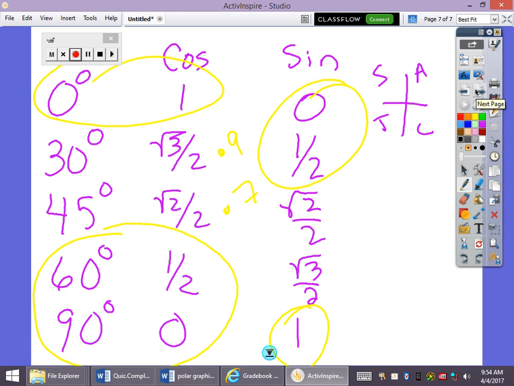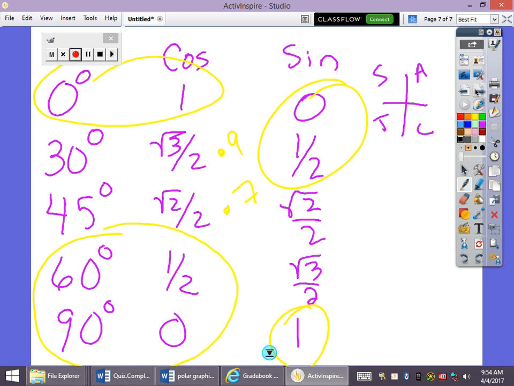Okay. In the unit circle, cosine of 0 is 1, cosine of 30 is square root of 3 over 2. You guys remember seeing this? Yes? So, for cosine, the pretty numbers are 0, 60, and 90. For sine, the pretty numbers are 0, 30, and 90.